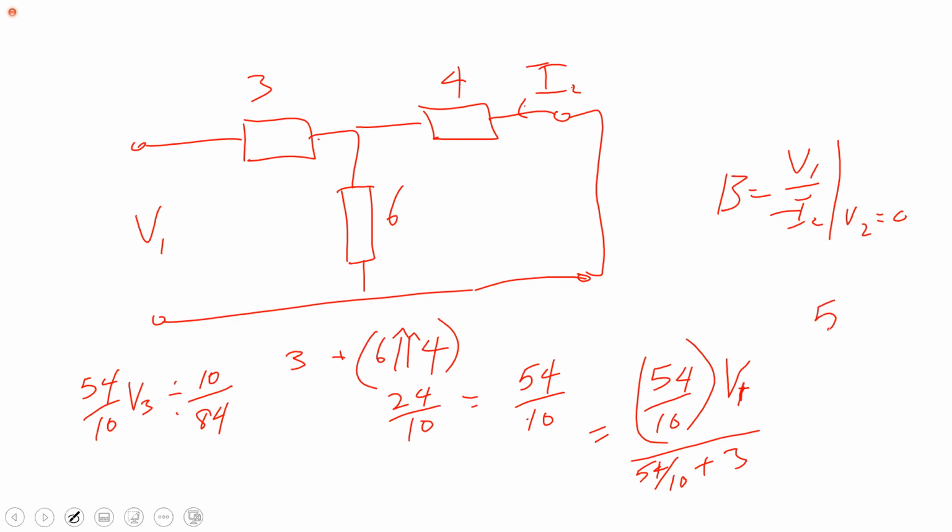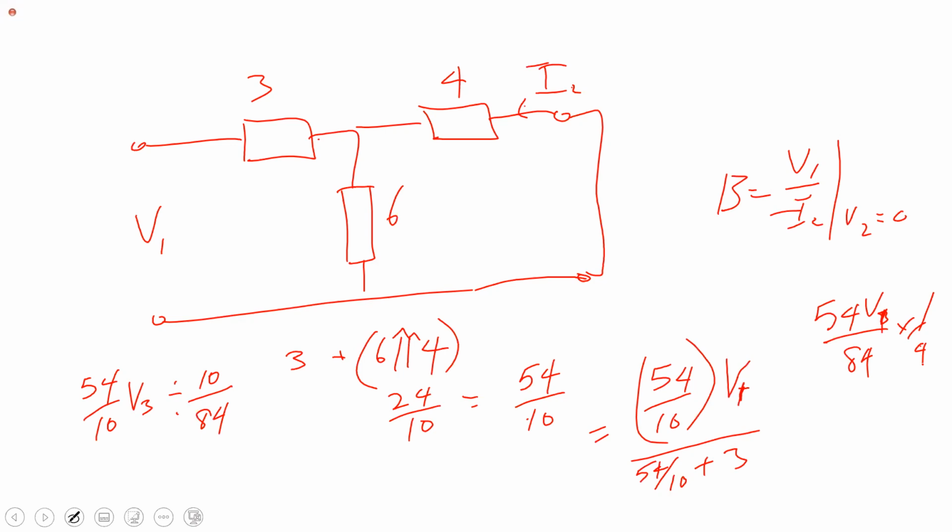So I have 54 V3 over 84, and we're dividing that by 4, times 1 over 4. Yes?